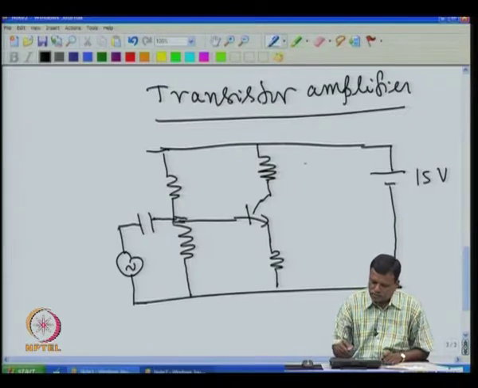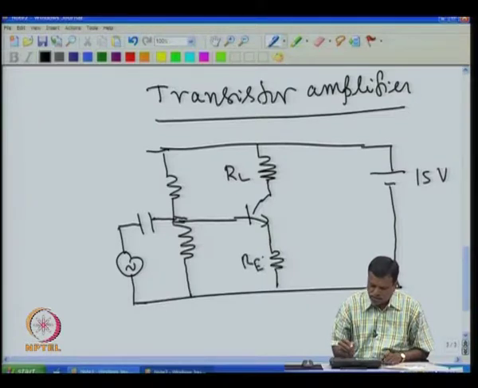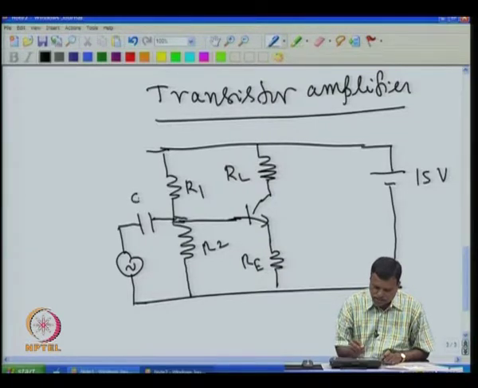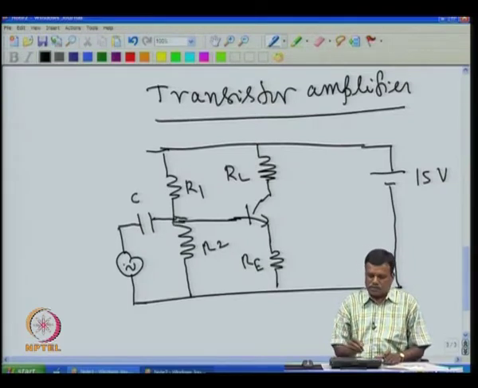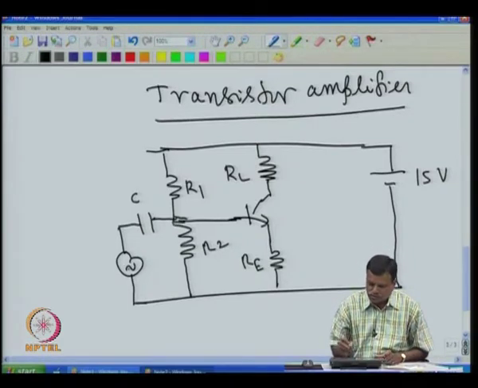We have connected the positive to this, and then we name these resistors. We have RL, we have RE, this is R1, we name it R2. Then you have the capacitor C, and this is the signal source, AC source. Our aim is we want to amplify this signal, and then the amplified output is supposed to appear here.